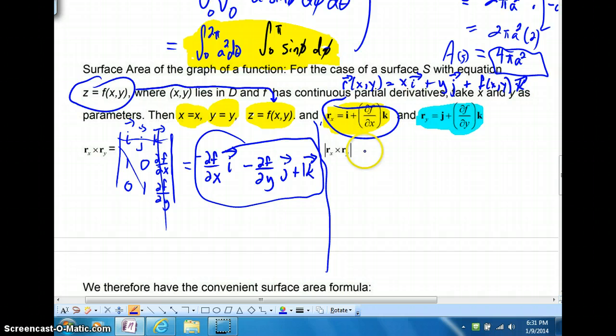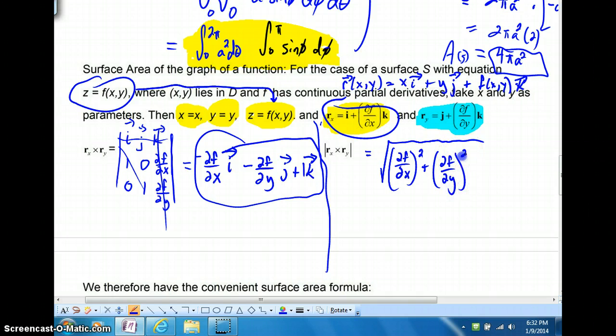It's actually worth remembering and memorizing. If we were to find the magnitude of that, we could use the Pythagorean theorem in 3-space, squaring each of these components. You would have the partial derivative of f with respect to x, squared, plus the partial derivative of f with respect to y.